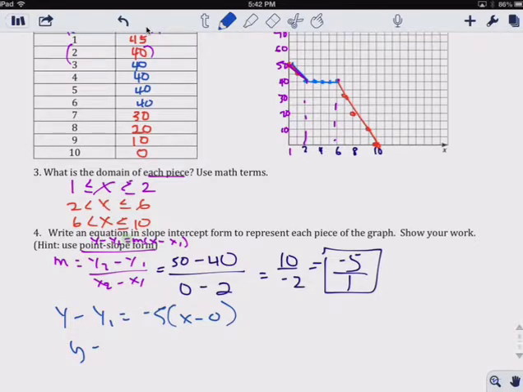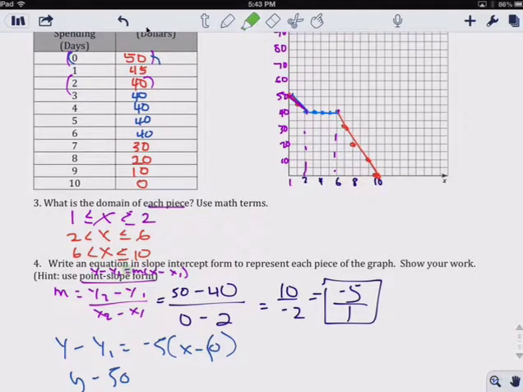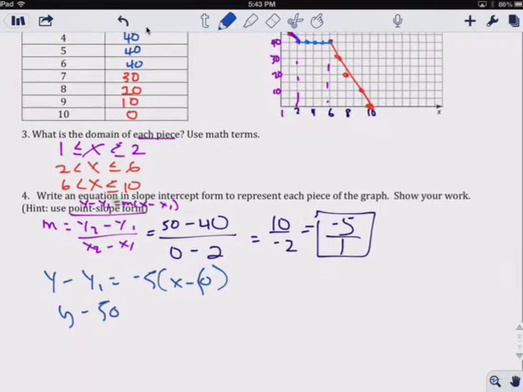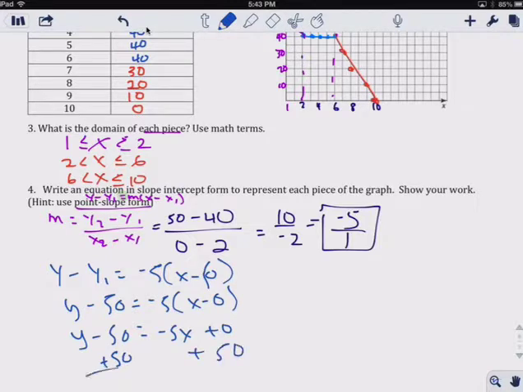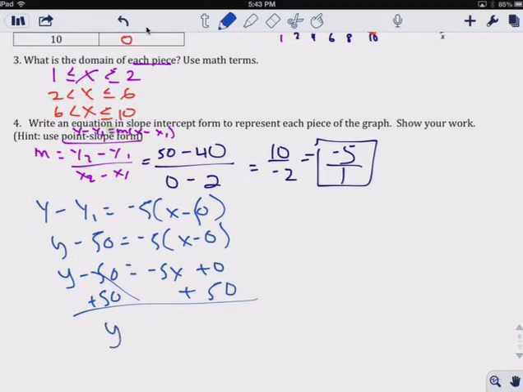Y minus y1, which is 50, choosing the first point right here, equals negative 5 parentheses x minus 0. So y minus 50 equals negative 5x plus 0, plus 50, plus 50, y equals negative 5x plus 50.